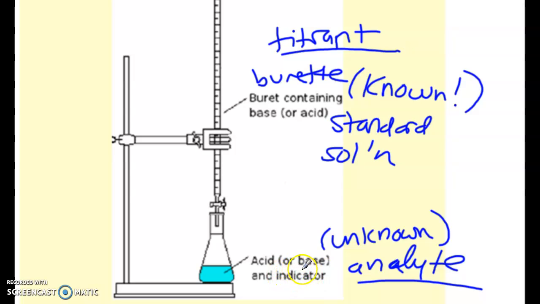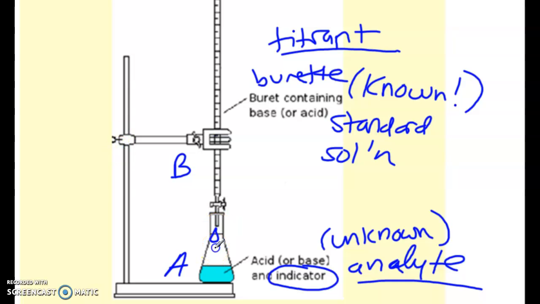Now, notice that it also says there is an indicator here. An indicator is a substance that will change colors depending on the pH of the solution. The reason why we would need this is essentially what's going to happen here. Let me just work this out for you. Let's say my acid is in here and my base is in my flask.